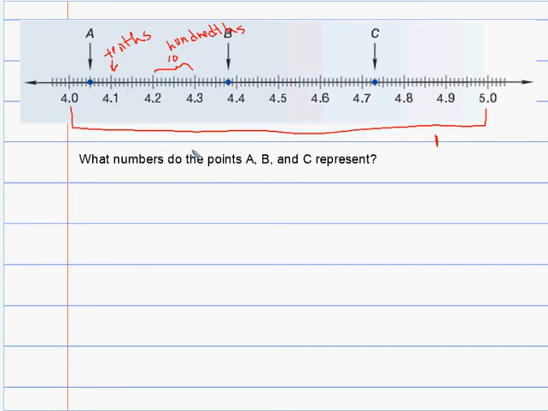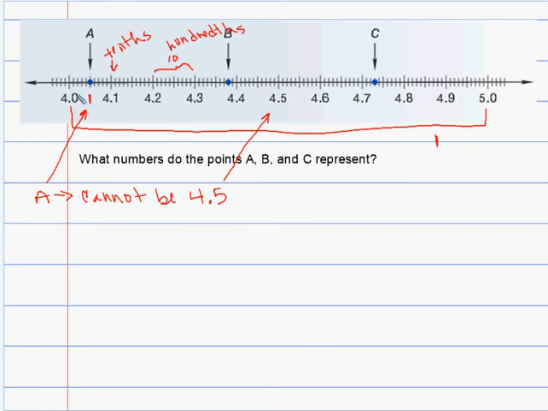So point A is going to be right in the middle. It's at 1, 2, 3, 4, 5. But it cannot be, I'm going to write this down, 4.5, right? Can't be 4 and 5 tenths because that's here. And A is here.